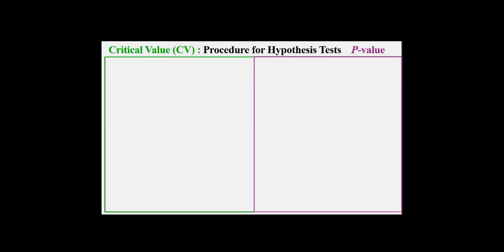A procedure for hypothesis test. There are really three procedures: critical value, p-value, and the confidence interval. We've already seen that. So when we do that, the very first step is to come up with the null and alternative hypotheses. You write down H0, you write down H1.